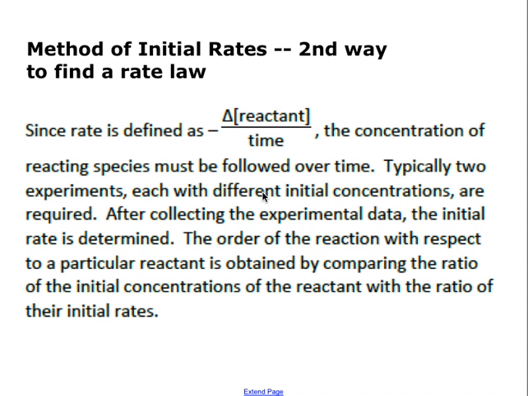Well, today we're going to look at a second way called method of initial rates, and method of initial rates is a system that requires actual data for us to figure out the rate law and analysis of that data.